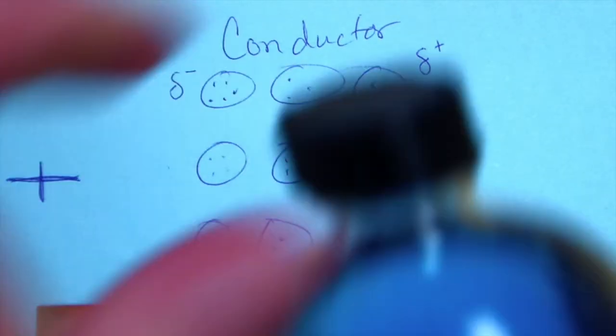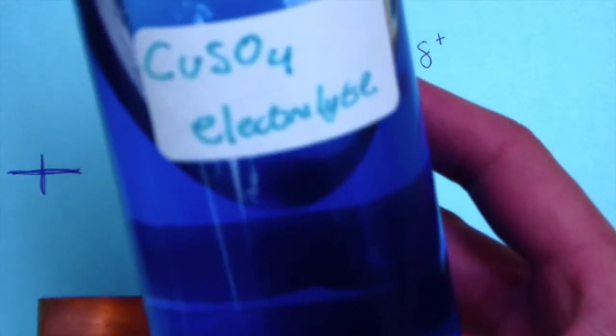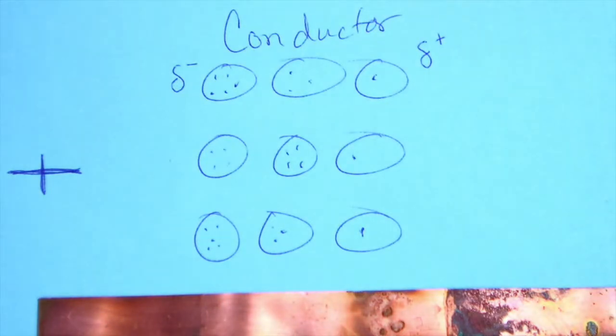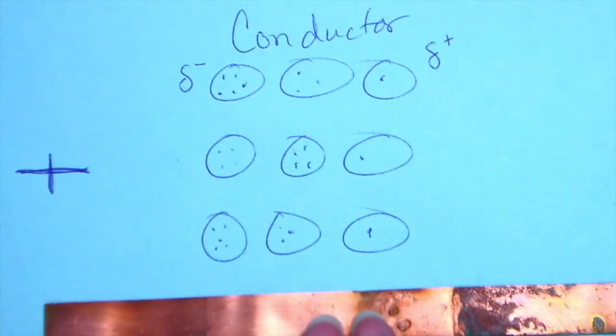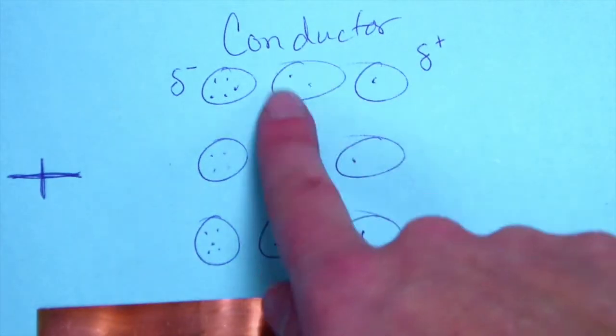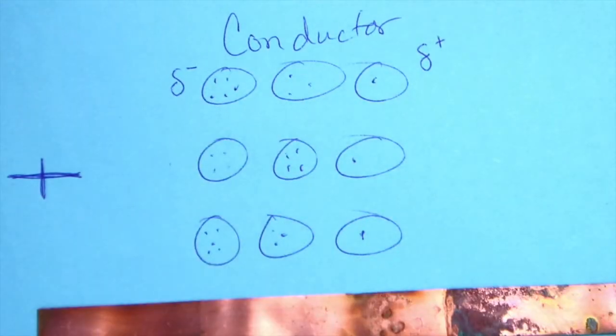In the case of copper sulfate, the SO4, those particles needed to be able to move to get the charges to move because the charge was stuck on an atom. In the case of copper, the charges are not stuck on the atom, but are the electrons that are allowed to move.